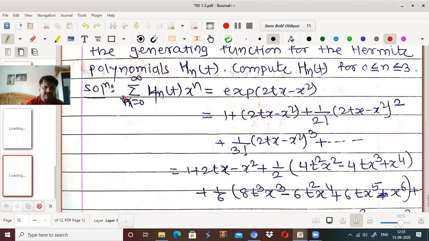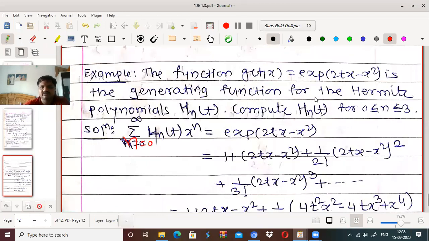This is not k, this is n equal to 0 to infinity of Hn(t) x to the power n, equal to e to the power 2tx minus x square, because we are given that this function is the generating function for Hn(t). We know that g(t,x) is called generating function for some yk(t) if g(t,x) equals summation from k equal to 0 to infinity yk(t) into x to the power k. That k I have taken as n only. That is the only thing, nothing else.